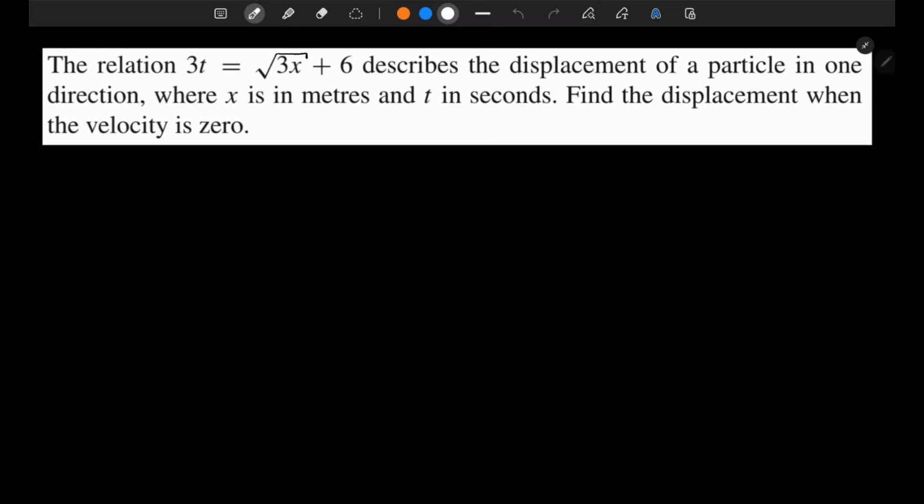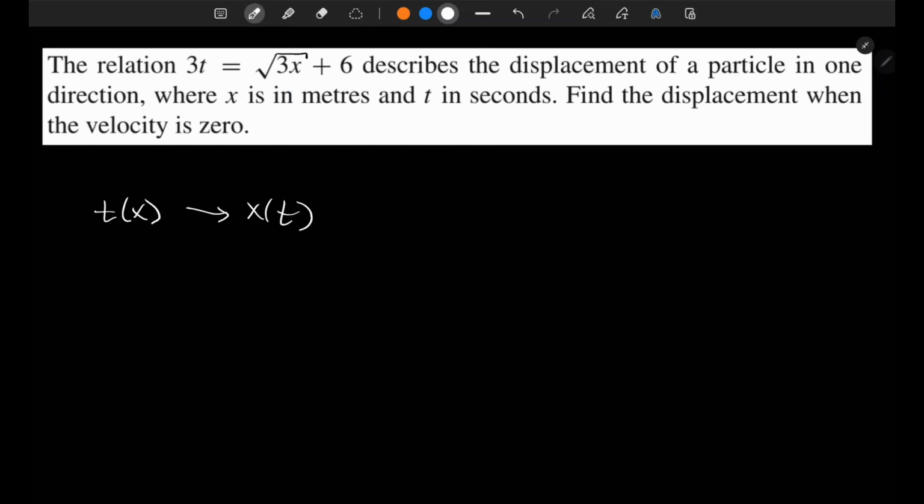Okay, so to start, right now we have t as a function of x. We have some t on the left-hand side, and then there's some function of x on the right-hand side. What we want to find is some x of t, so we want to invert this equation.